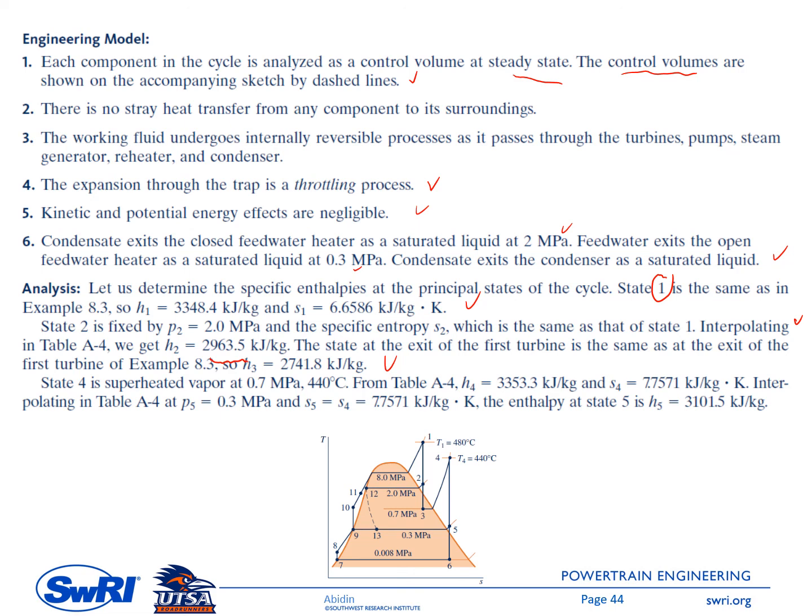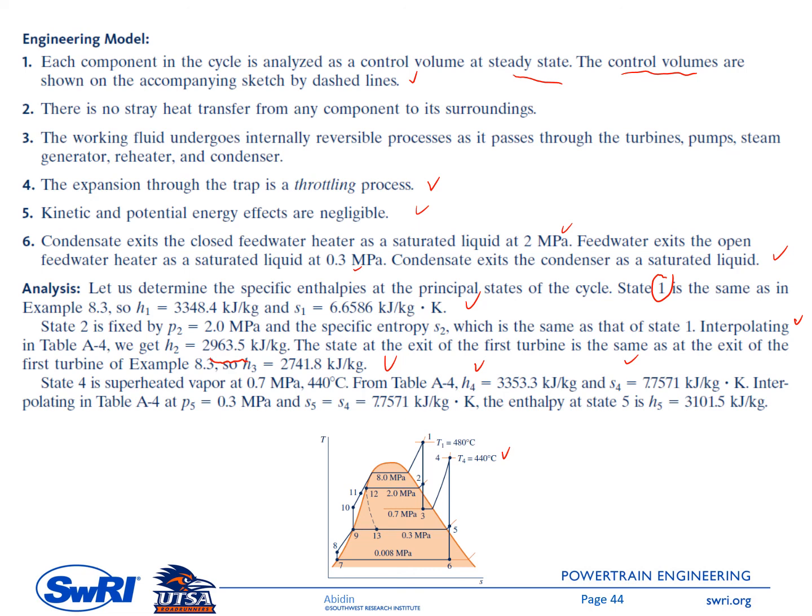But by looking at this TS diagram, it has been checked that state number 4 is in the superheated zone, and you need to use table A4 to get the enthalpy as well as the entropy. So we got H4 here is 3353.3 kilojoule per kilogram, and the entropy is 7.7571 kilojoule per kilogram Kelvin.